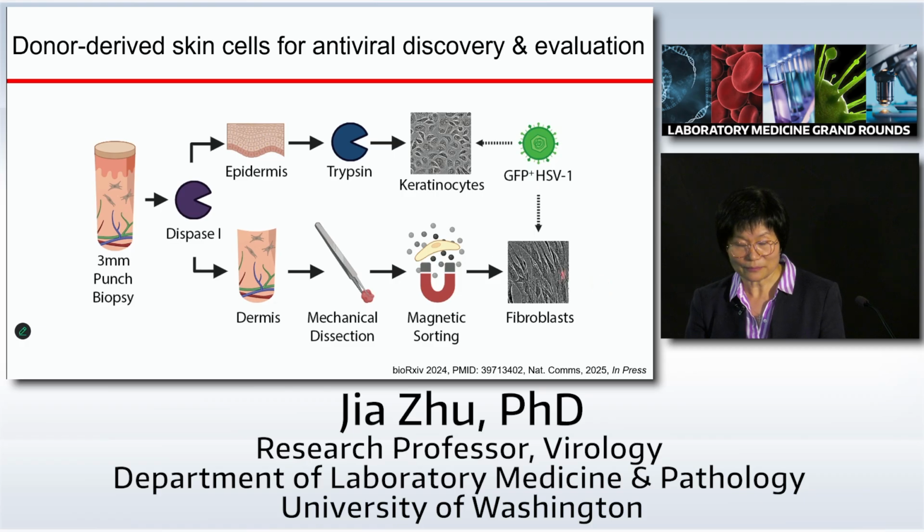So we decided to isolate keratinocytes and fibroblast cells from 3 millimeter punch biopsies of 6 adult donors, and then infect them, to investigate whether acyclovir displays similar efficacy in keratinocytes, fibroblast cells, and Vero cells.